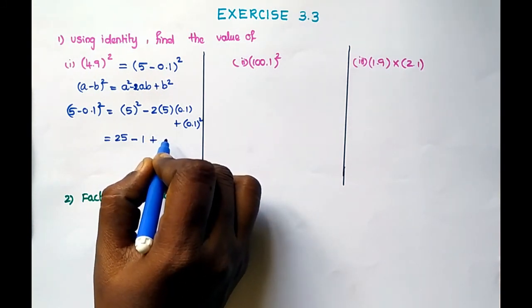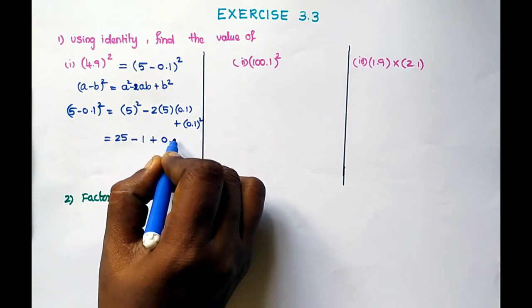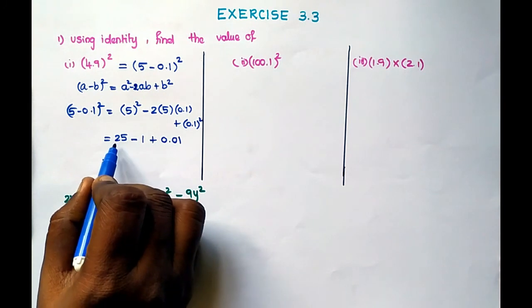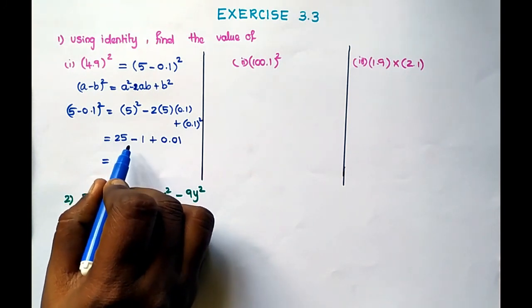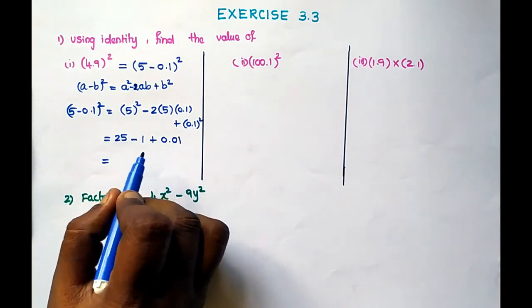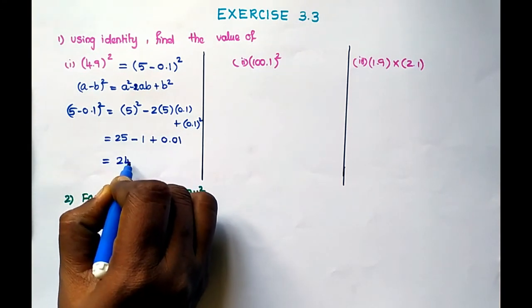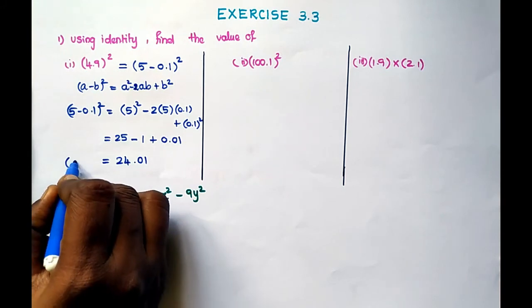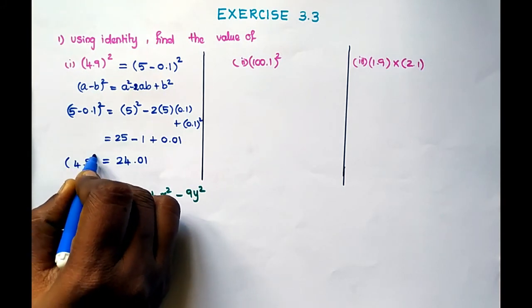So 0.1 into 0.1 we get 0.01. 25 minus 1 is 24, plus 0.01 means 24.01. So that is the answer for 4.9 whole square.